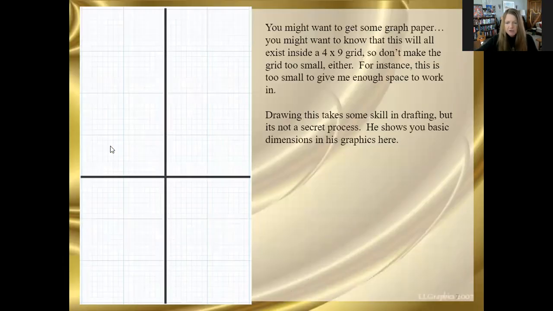All right, moving on. If you're actually going to want to do this, you might want to get some graph paper. You might want to know that this is going to exist within a 4x9 grid. So even though I've got drafting paper over here, I have 7 squares stacked up on top of each other, not 9. So this is going to get really squished up unless I start using these little squares, and then it won't be big enough.